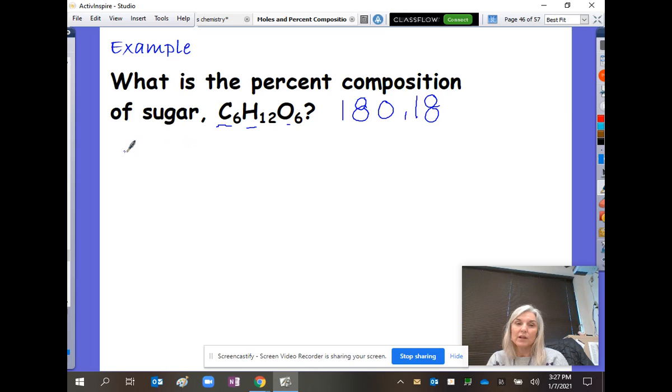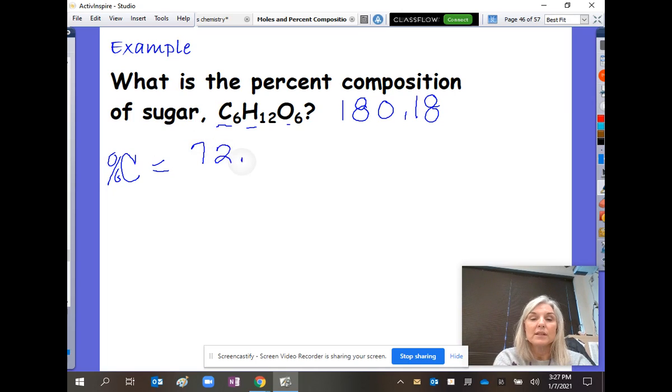So now we're going to look at carbon. The percent of carbon equals the molar mass of carbon, and because there are 6 carbons, we are going to have a total of 6 carbons in our percent. So our total mass for carbon is 72.06.